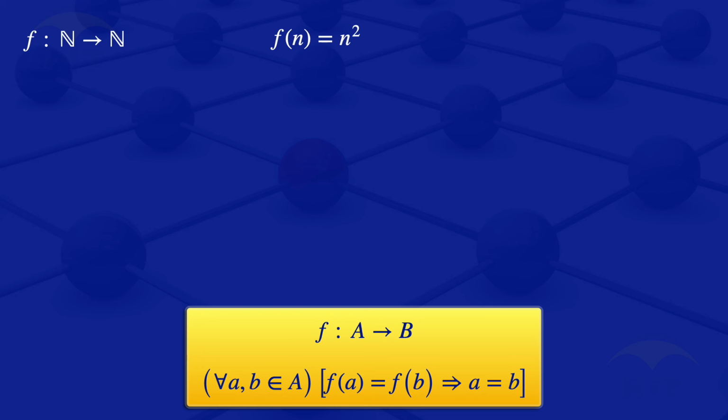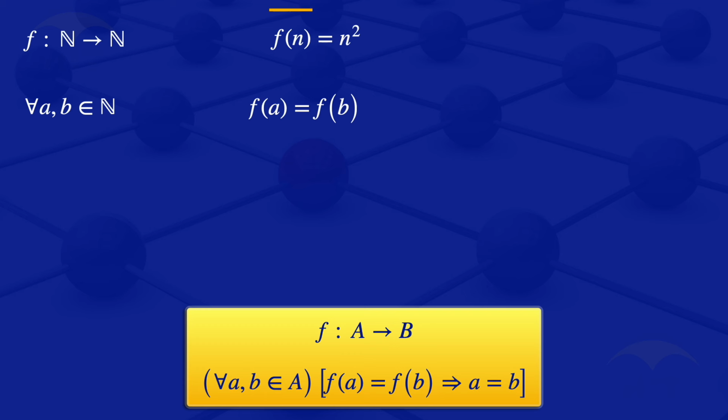So in this case, we are looking at the set of natural numbers for our a and b. For all a, b which are natural numbers, we want to check this condition, whenever f of a equals f of b.